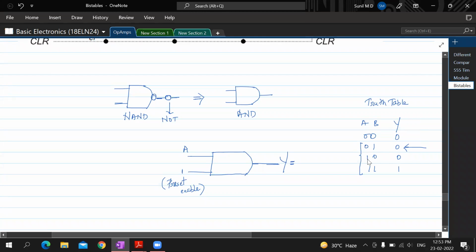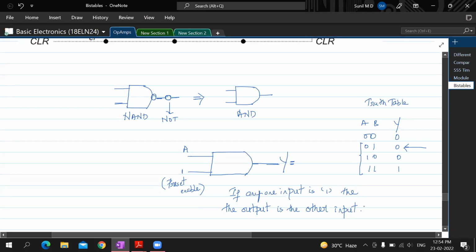This input is high, so the output is the other input. Here both are 1, 1. So if any one input is 1, the output is the other input. Does that make sense to you all?